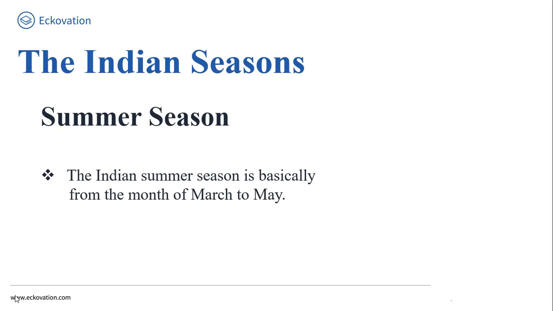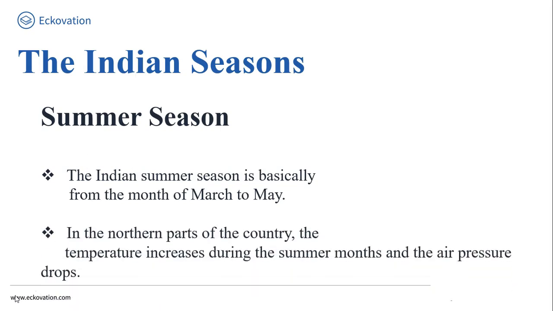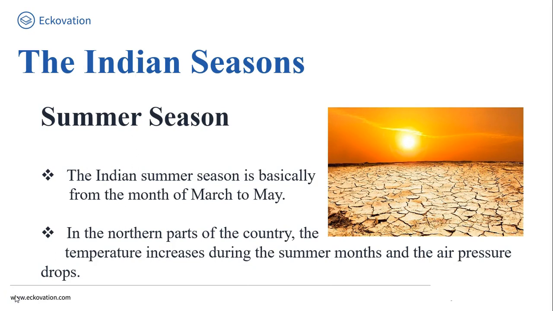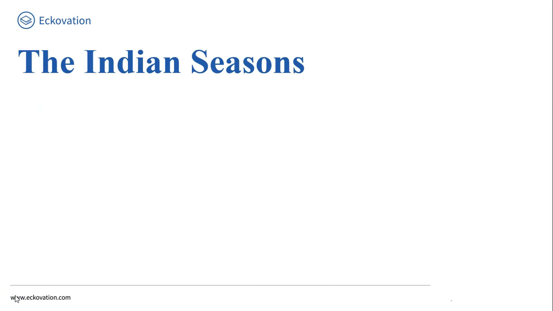Friends, during the summer season, normally in the northern part of the country, the temperature increases and the air pressure drops or falls. Now friends, let's move ahead and continue our discussion with the Indian seasons, and we are discussing the summer season.